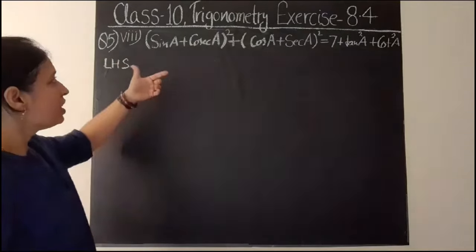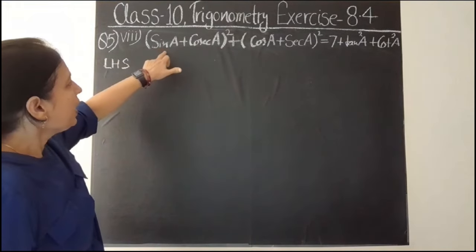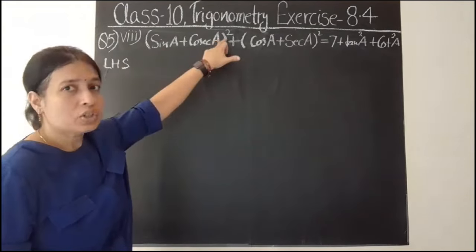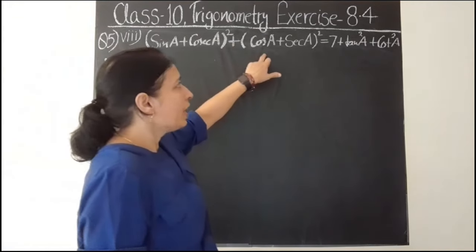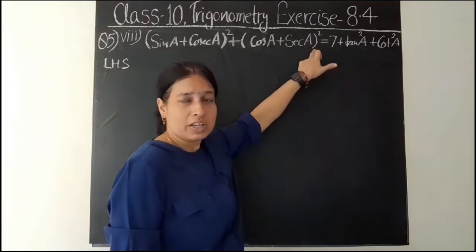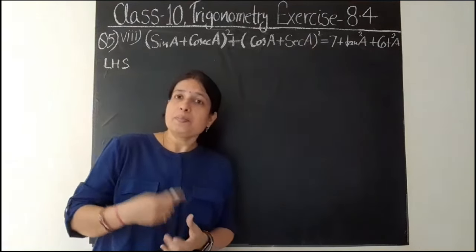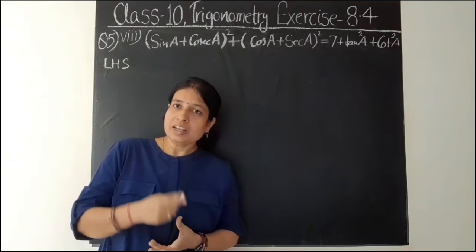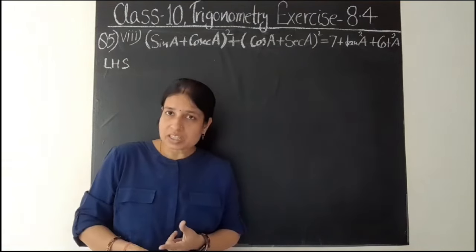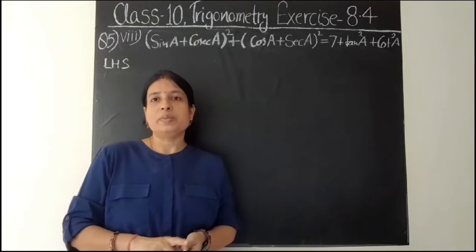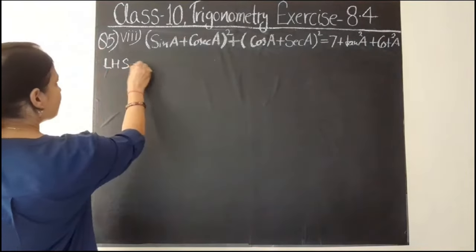In LHS you can see that here it is (A plus B) whole square. Here it is also (A plus B) whole square. So what is the formula for (A plus B) whole square? Yes, A square plus B square plus 2AB. So use that here.